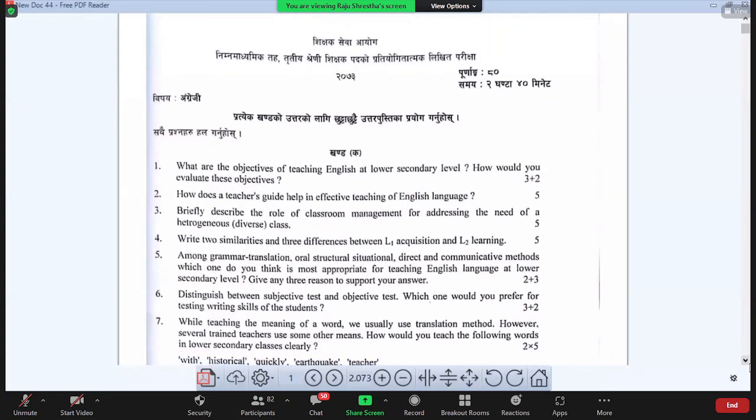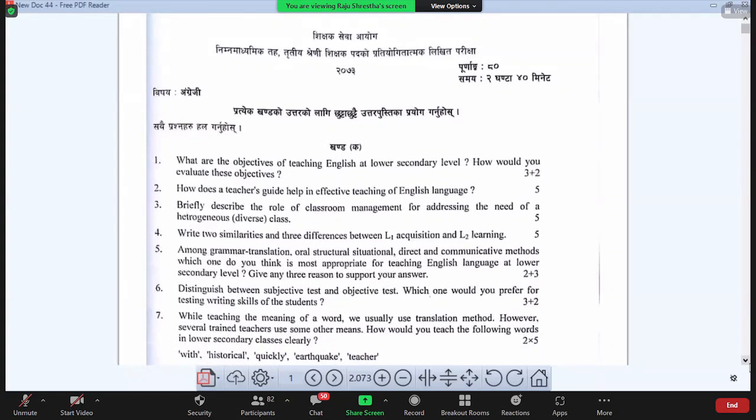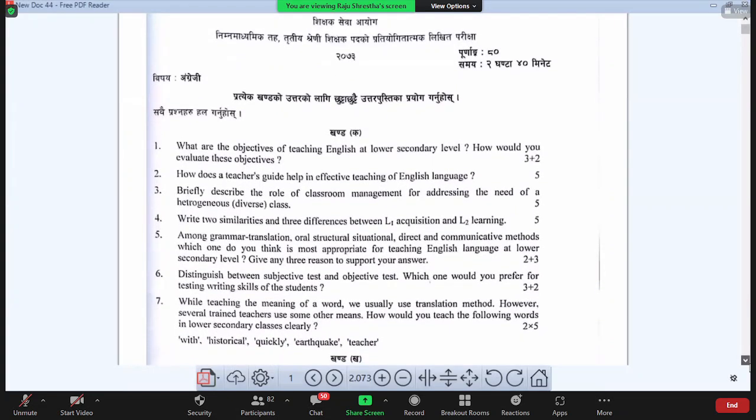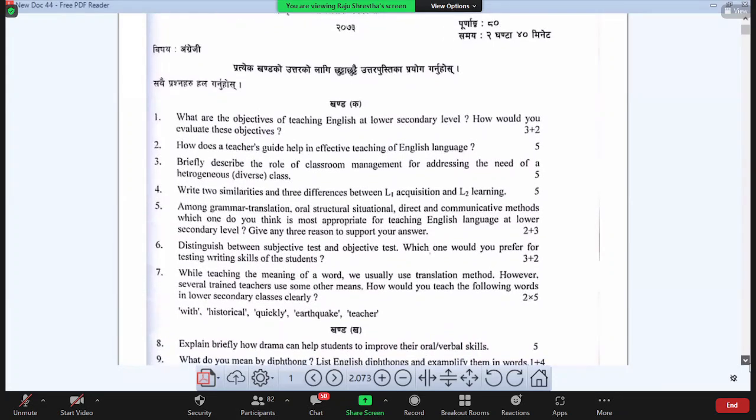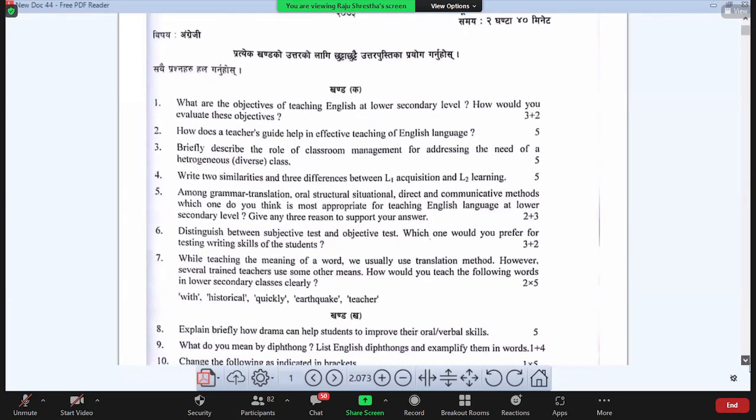Distinguish between subject and objective while teaching the meaning of a word. Yes, there is number 7, 10 marks. While teaching the meaning of a word, we usually use the translation method. However, several trained teachers use some other means. How would you teach the following words in lower secondary classes clearly?